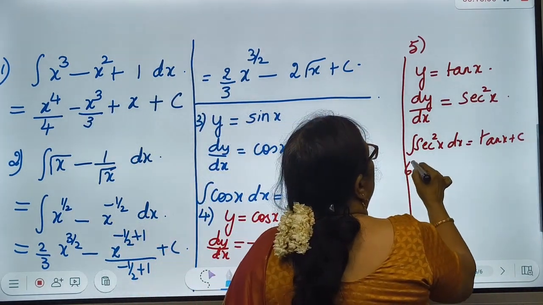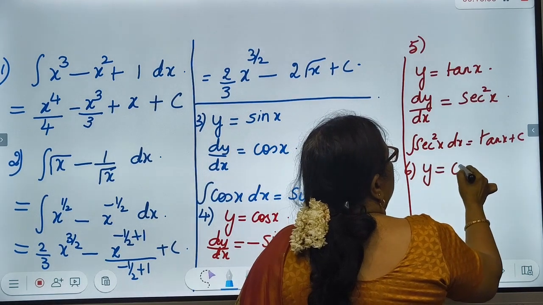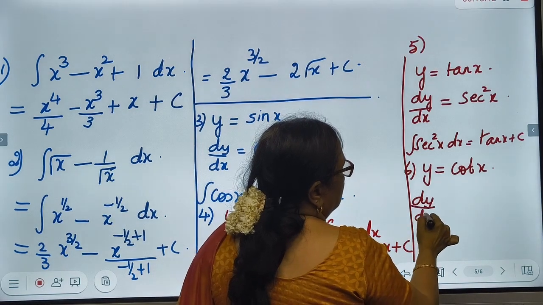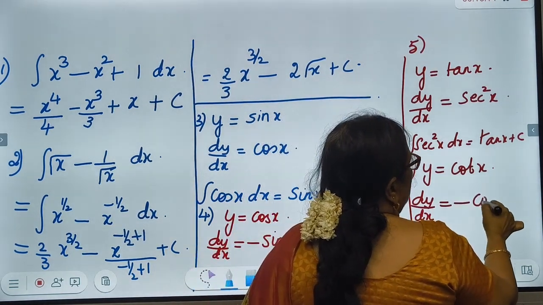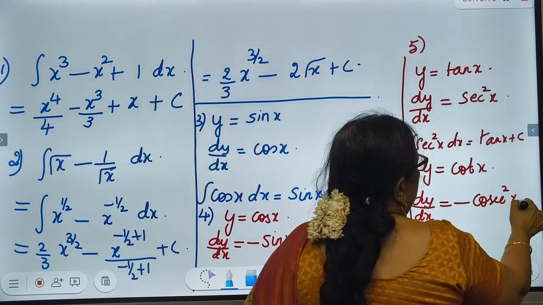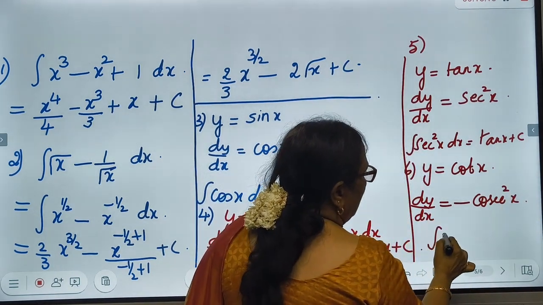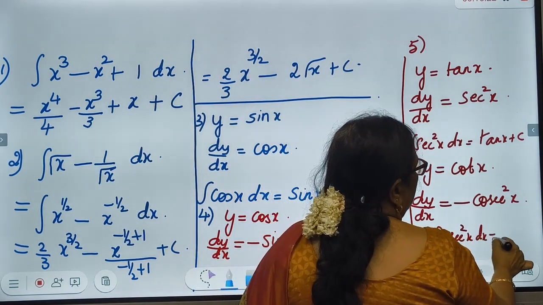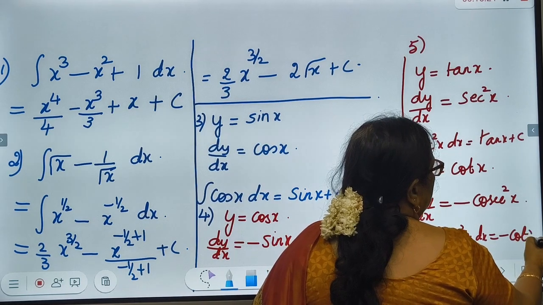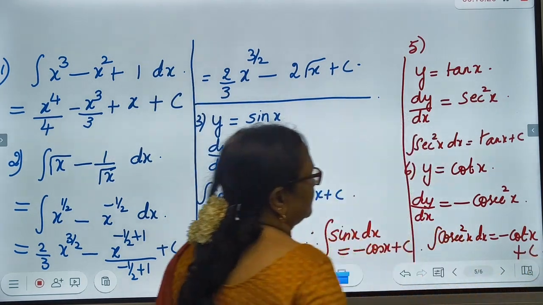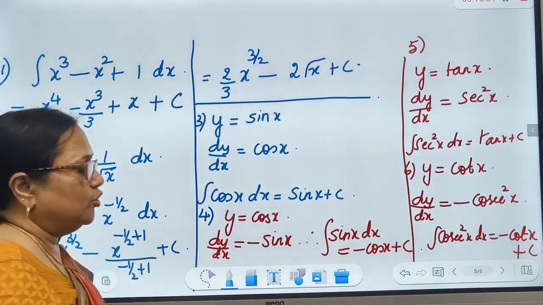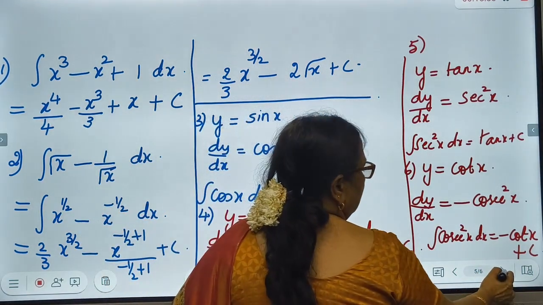If y equals cot x, what will be dy by dx? Minus cosecant square x. So integral of cosecant square x dx will be minus cot x plus c. Why we have to add c, I have already explained to you with an example.